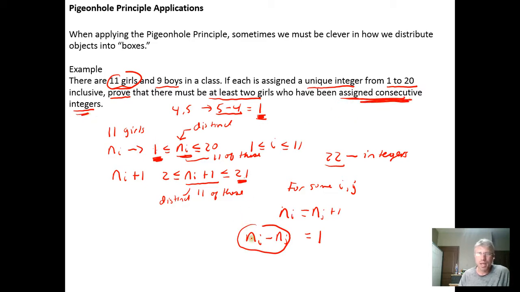Why? Because the n sub i's represent the integer that was given to the girl. So if this girl was given the integer n sub i, and this girl was given integer n sub j, and the difference between those two integers is 1, the girls have been assigned consecutive integers.